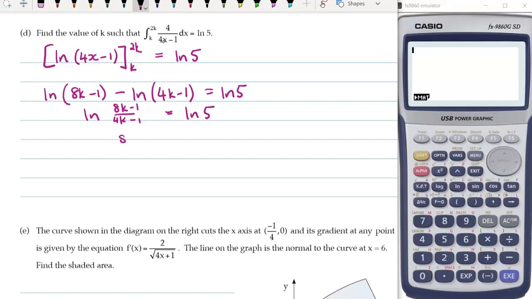So therefore 8k minus 1 over 4k minus 1 equals 5. We have 8k minus 1 equals 20k minus 5. So then minus 1 plus 5 is going to be 4, and 20 minus 8 is 12, so k is equal to 4 over 12, which is 1/3.